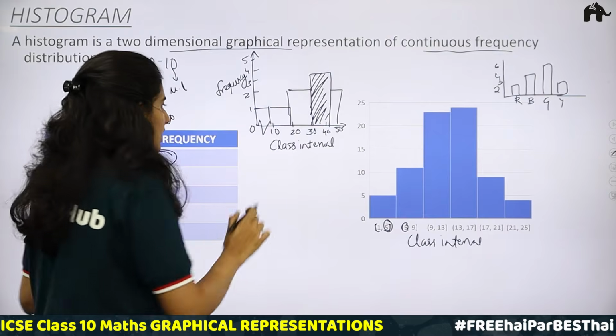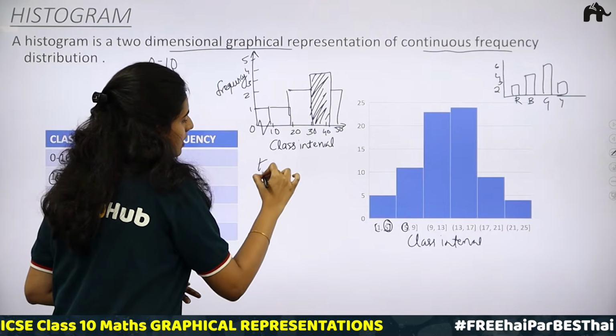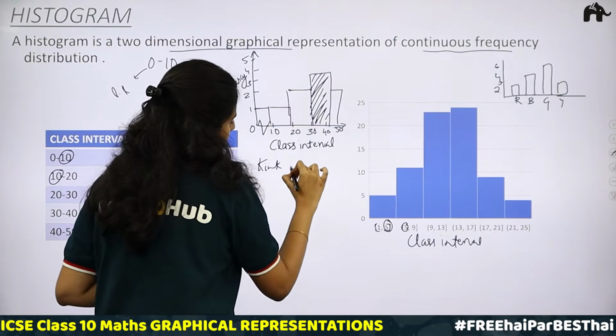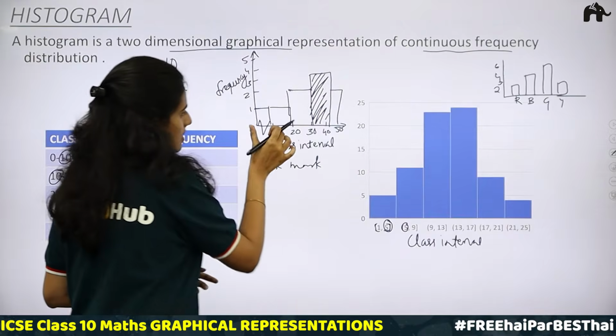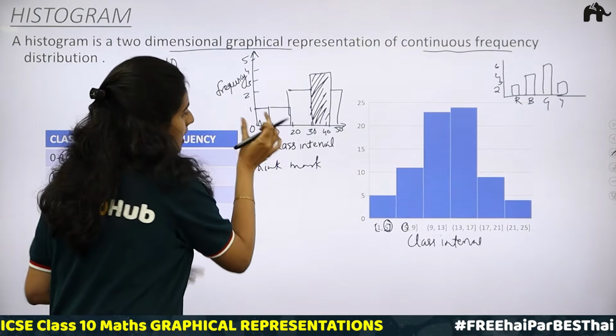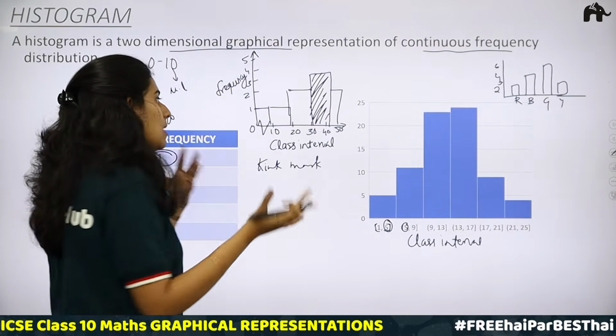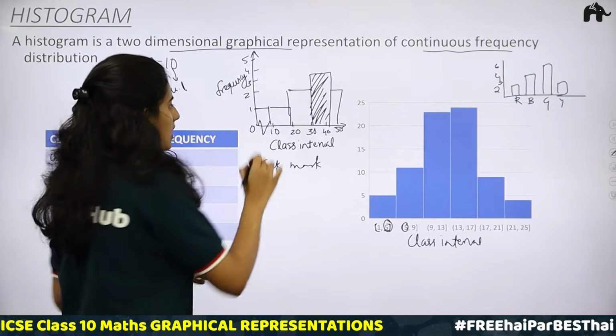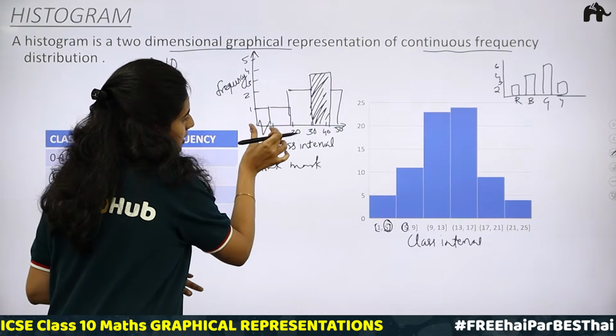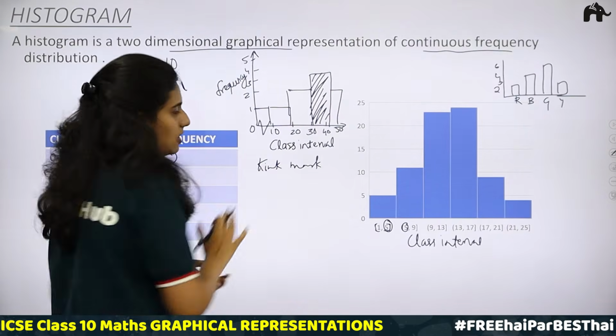This mark is called a kink mark. This kink mark is used to represent data that are not included. If you are starting from 10, you don't know what is happening before 10. In that case, you will draw a zigzag line like this, and this is called a kink mark.